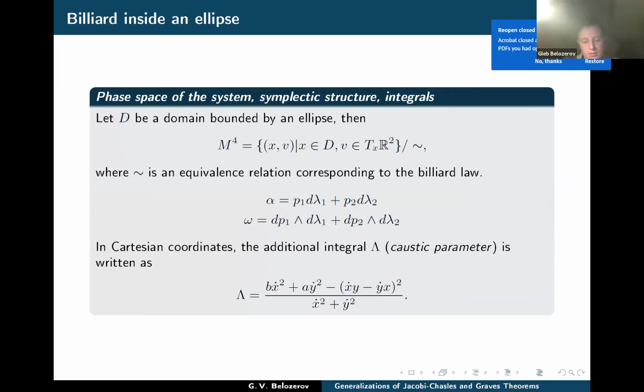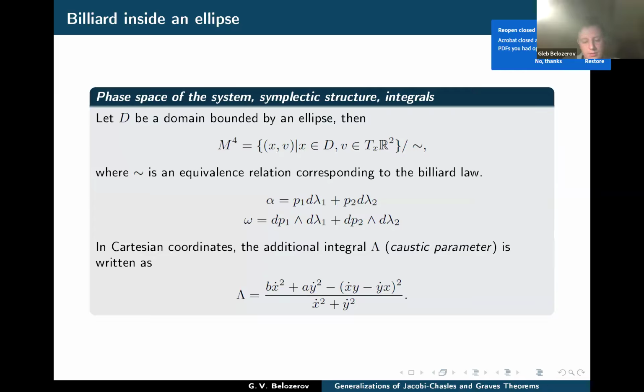So if we add to this expression the length of the caustic, we obtain that the sum of LA, LB, and the greater arc AB is constant. But this sum doesn't depend on the point L. So we obtain Graves's theorem.